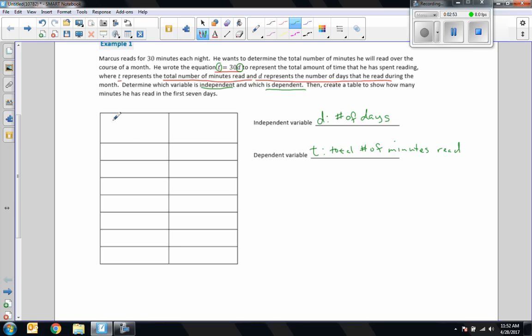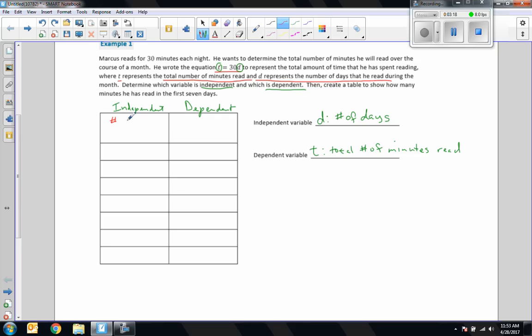So over here, I'm going to do dependent. Actually, I'm going to do independent here. I'm always thinking alphabetical order. This is going to be independent, and this is going to be the dependent variable. So in other words, the independent variable that we chose was D, number of days.